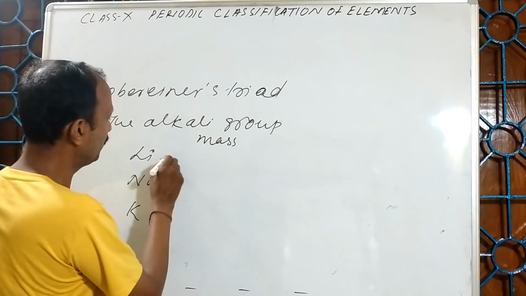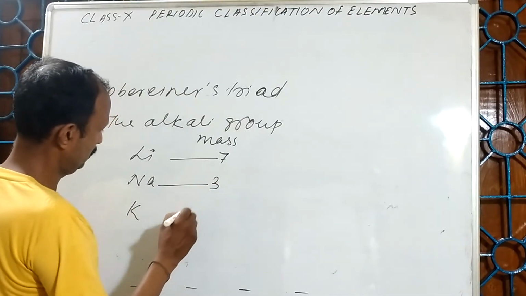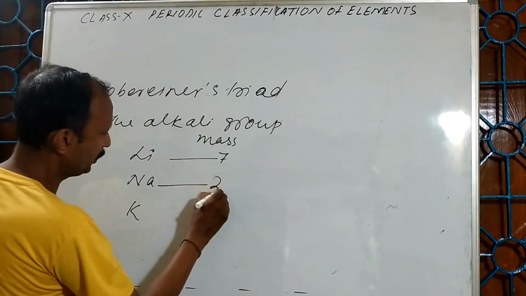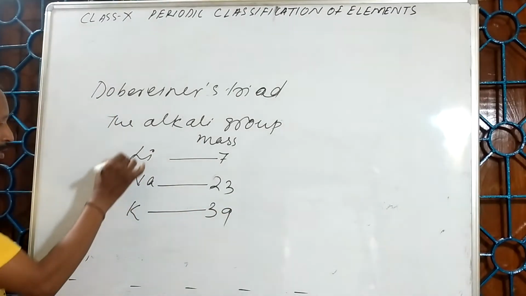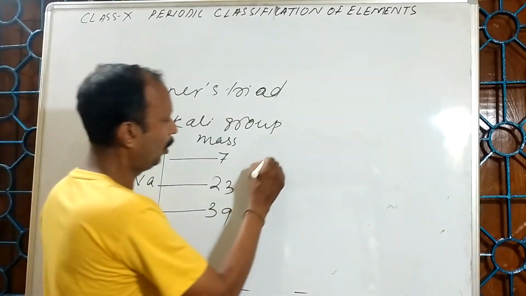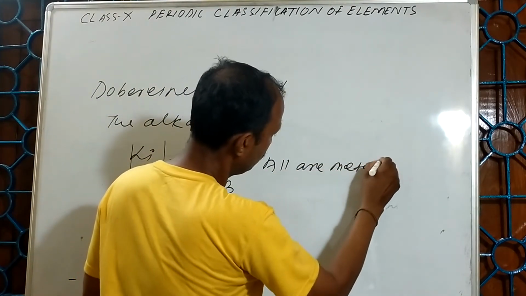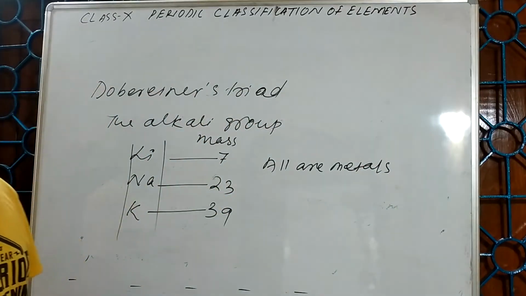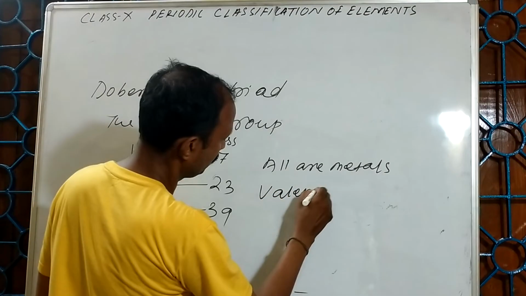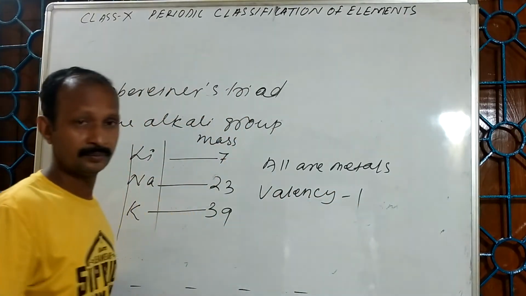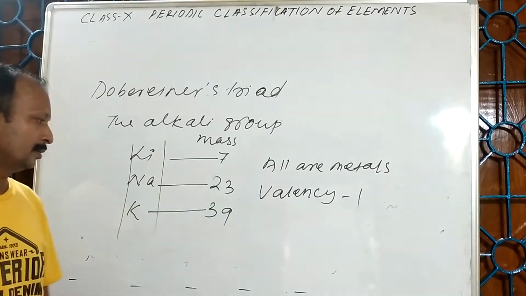The mass of lithium is 7, sodium is 23, potassium is 39. These 3 elements all are metals. All have valency 1. All react with water.